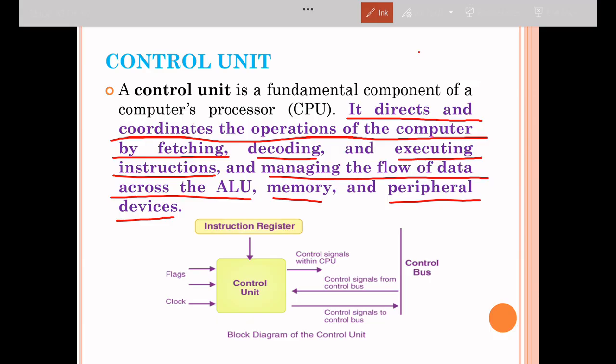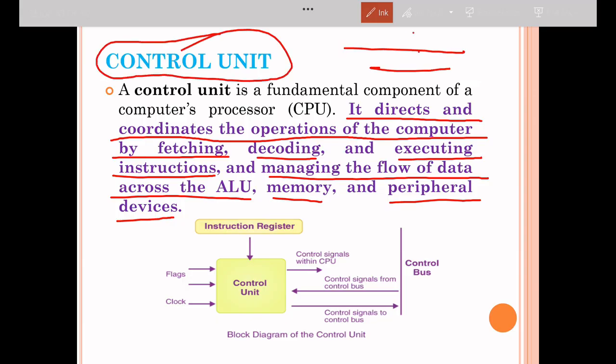Okay, so how is it working? There is a signal unit, as well as control signals as well as timing signals. Actually, control unit means it is controlling the traffic. Just like you have seen, there is a road and there is a person standing, a traffic controller. So this is actually the control unit. Okay, it is controlling the traffic.